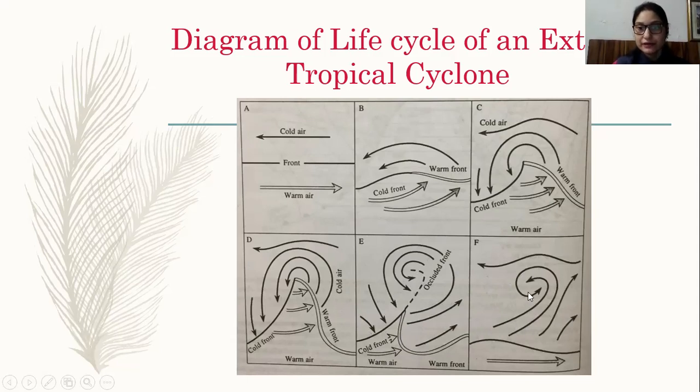Over here, in the last stage, when the occluded front has also formed and the process of frontolysis has now begun, there is this complete disappearance of the fronts. There is no front that can be seen now, only the cold air and the warm air that is flowing over here. Fine.